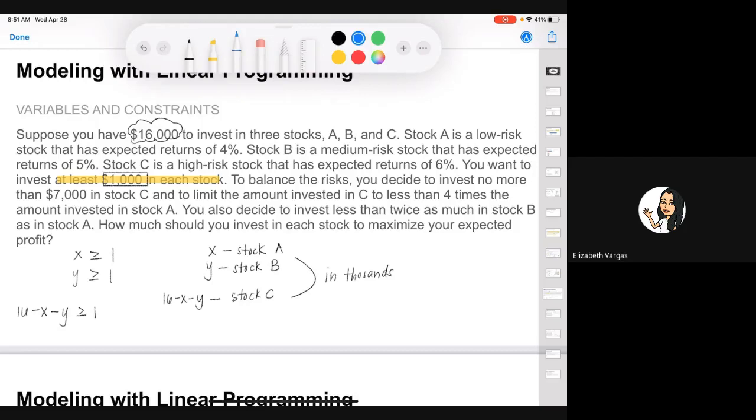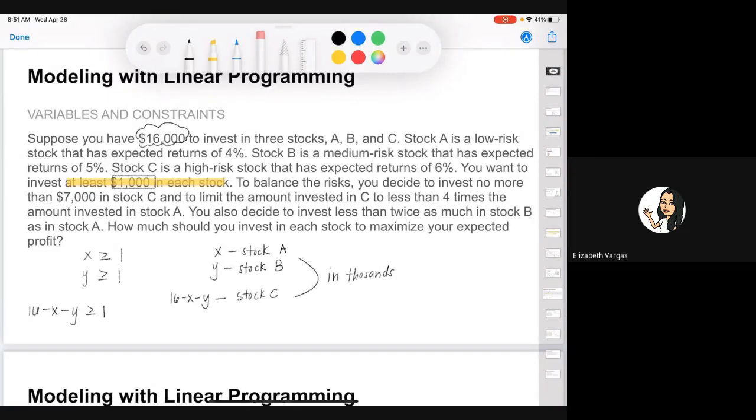Meaning that if I really wanted to represent it, I would put, he wants to invest at least 1,000 in each stock. At least 16,000 he has total, and 1,000 in this stock. But I just simplified it so that it's easier to work with. I could represent it like that, but I can just keep in mind that it is in fact in thousands. So that's what I chose to do. Okay, so now I labeled those first constraints.